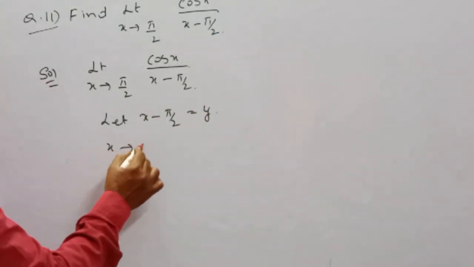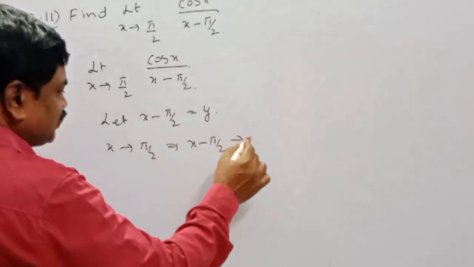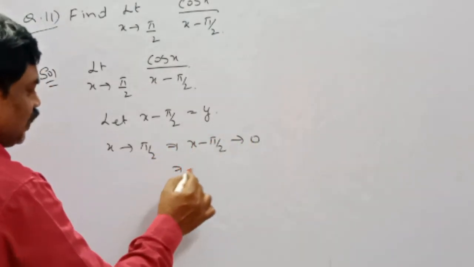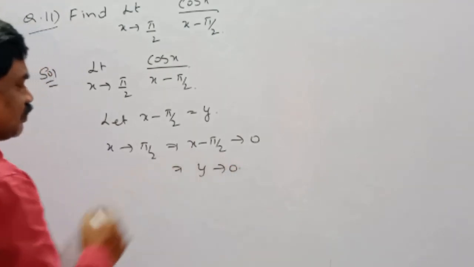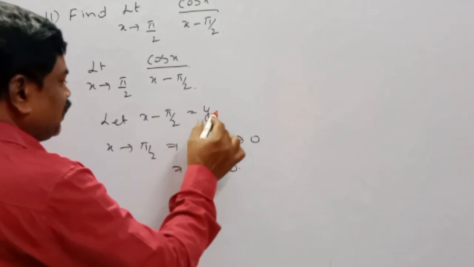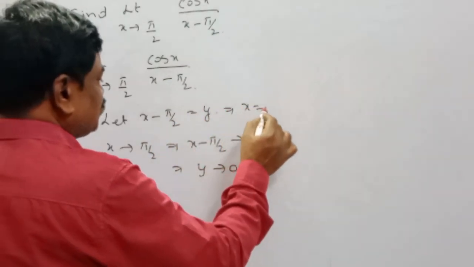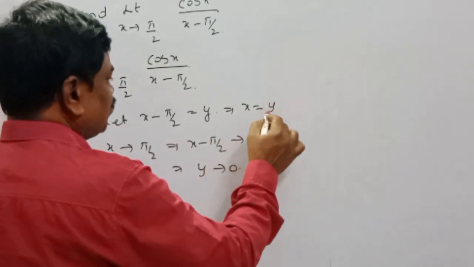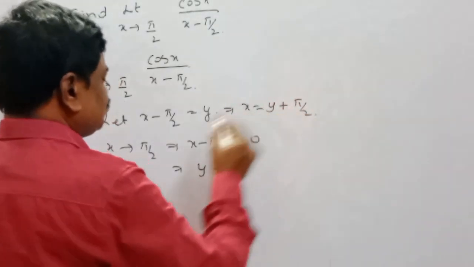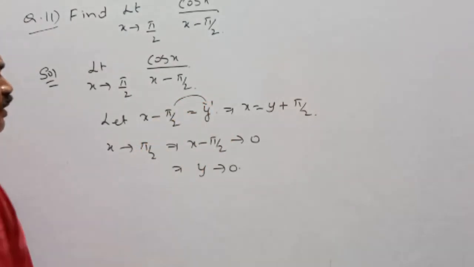So x tends to pi by 2 implies x minus pi by 2 tends to 0, which implies y tends to 0. Since x minus pi by 2 is equal to y, x is equal to y plus pi by 2.